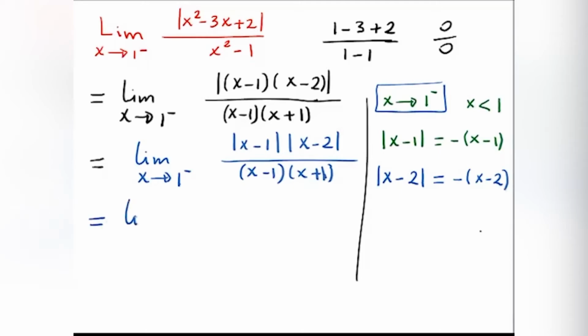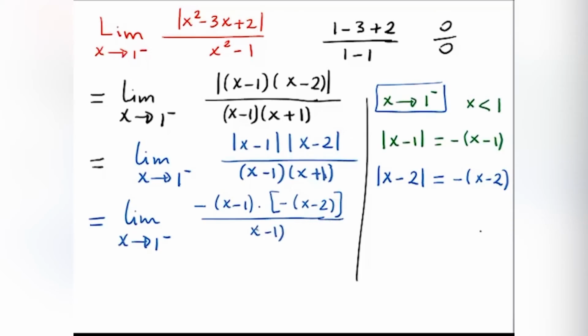So this will be the limit as x goes to 1 from the left of negative x minus 1 times another negative x minus 2, the whole thing divided by x minus 1 times x plus 1. As you can see, I can simplify the signs.